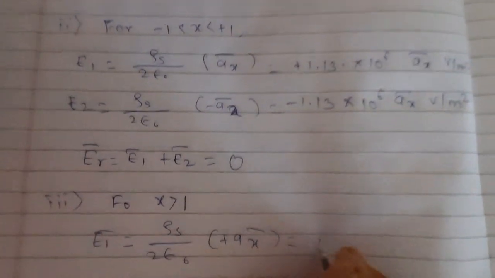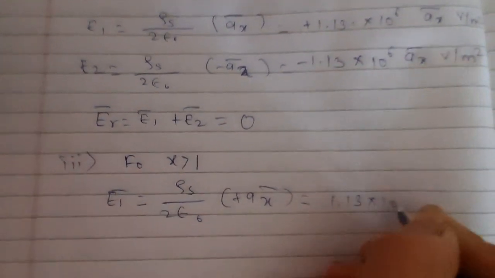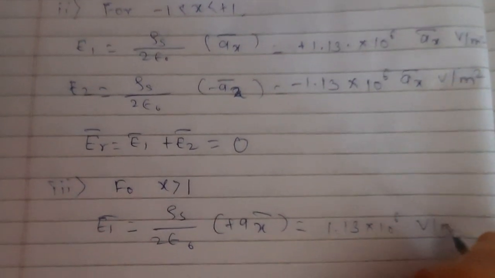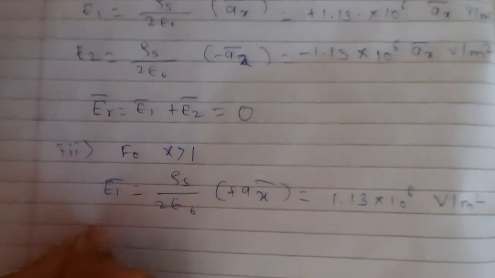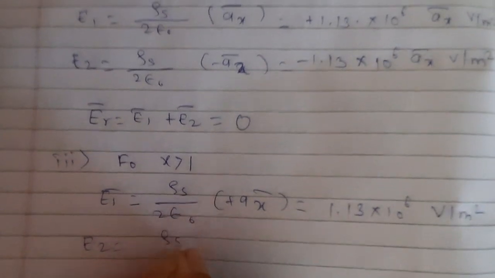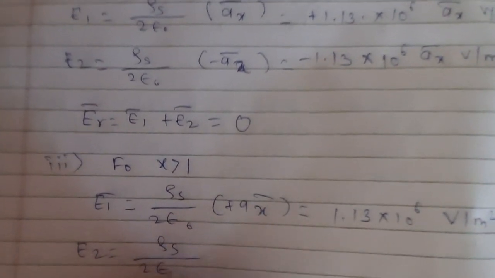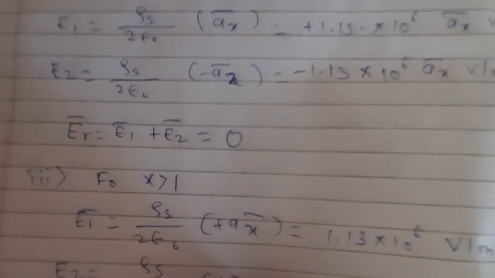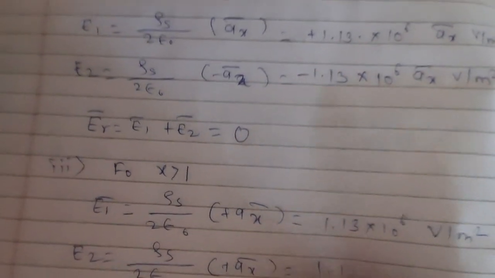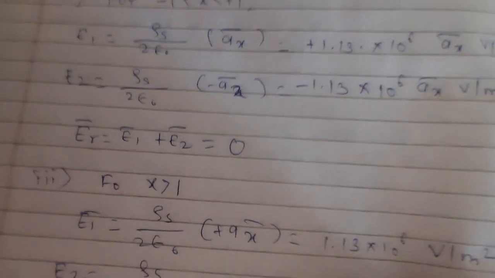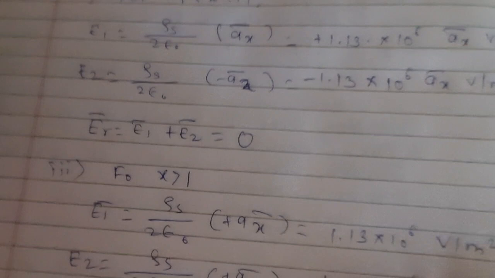So it is 1.13 into 10 raised to plus 6 volt per meter square. And E2 bar is rho s over 2 epsilon 0 plus ax bar. So it is also 1.13 into 10 raised to 6 volt per meter square.